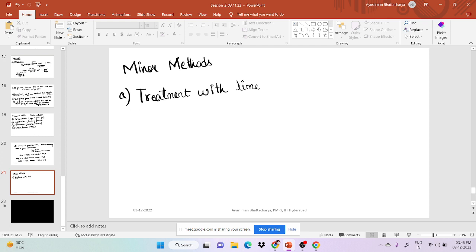In treatment with lime, excess lime kills bacteria.